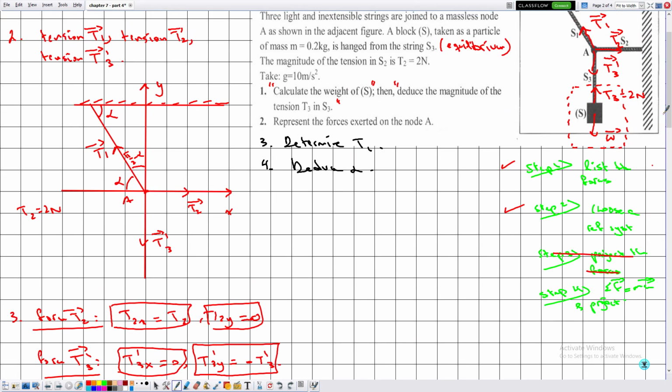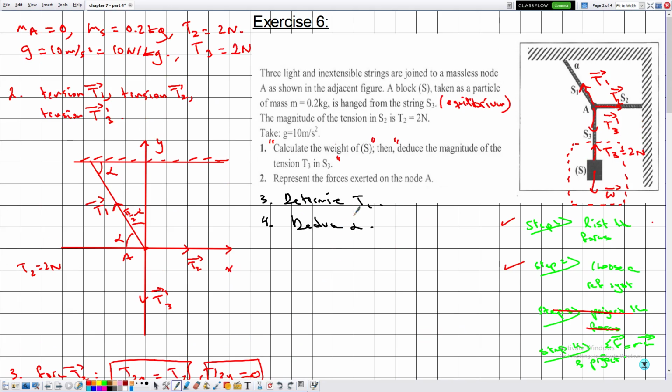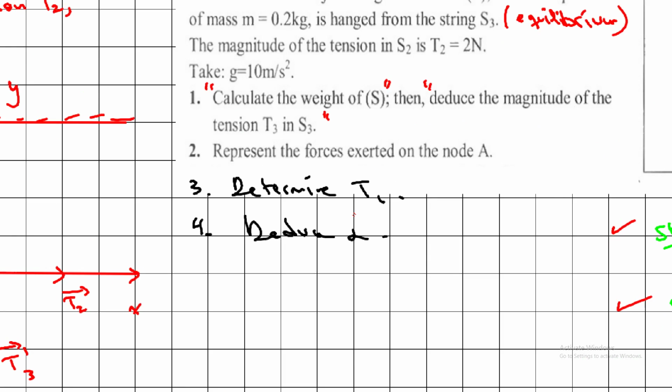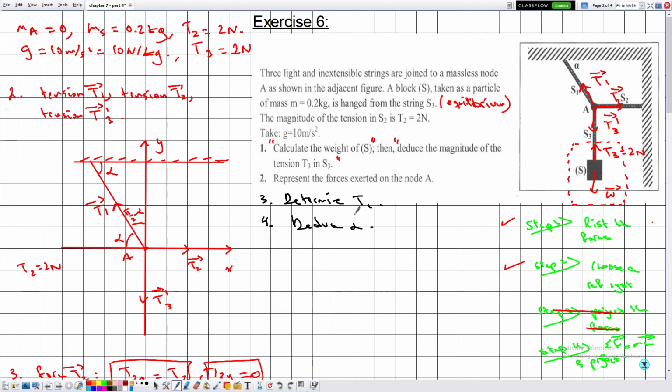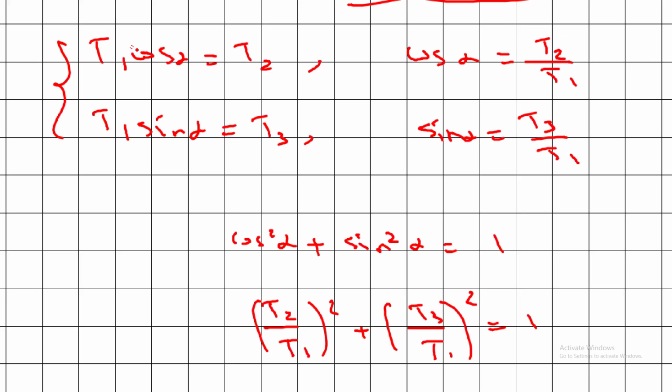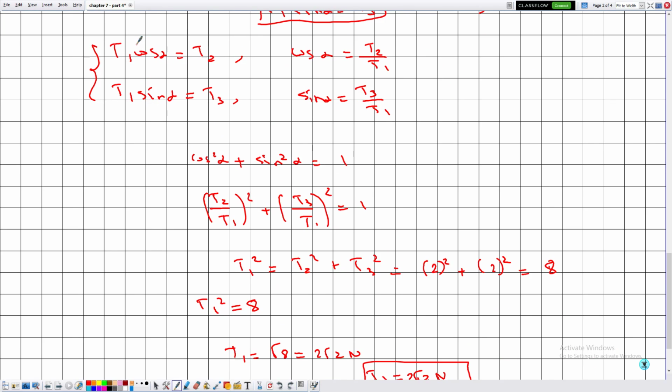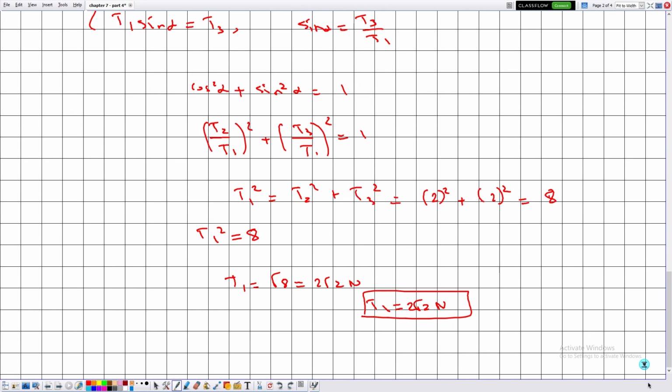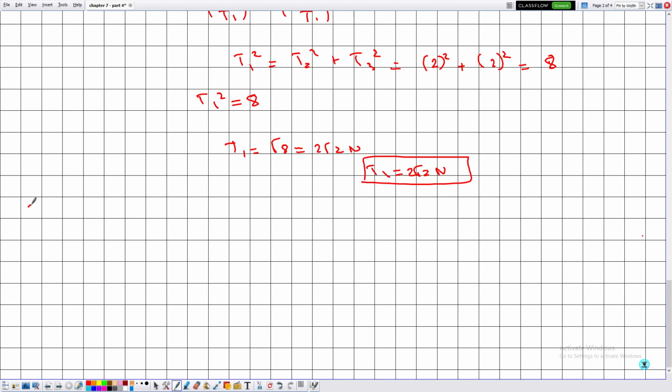And in part 4 they are telling me to deduce alpha, and by deduce it means that we need to use the previous part. In the previous part you have determined T1, and T1 and alpha are related via the following formula, that T1 cosine alpha is equal to T2 from equation 1.